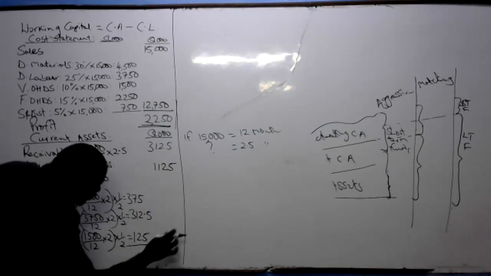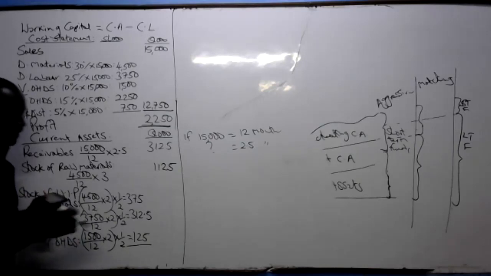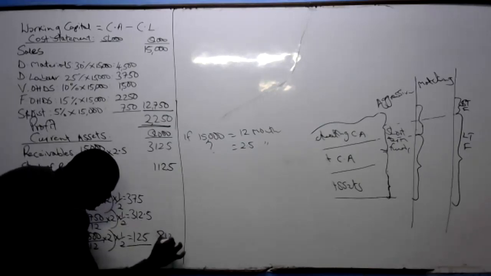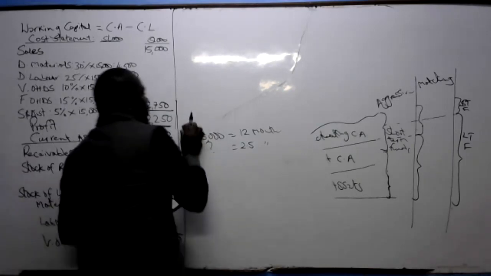So add hizo tatu kuleta huku mbele as the stock of work in progress. 812.5. So that is our stock of work in progress.